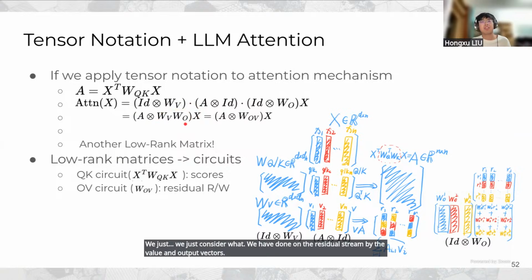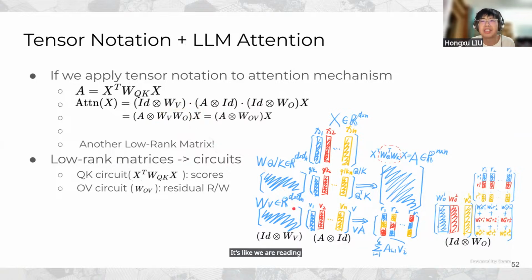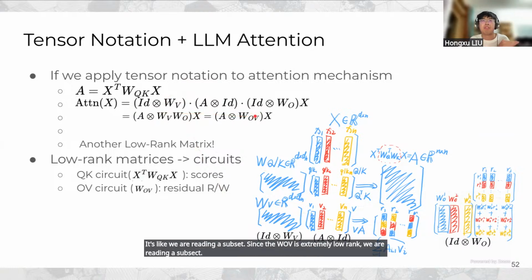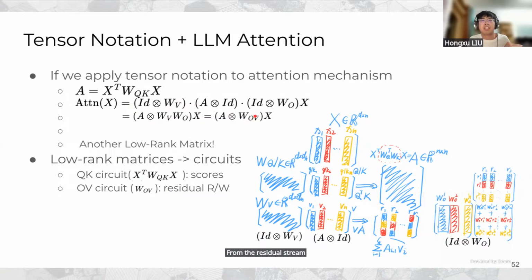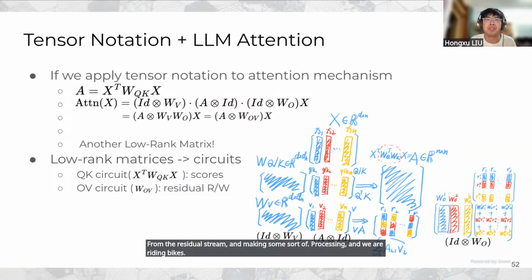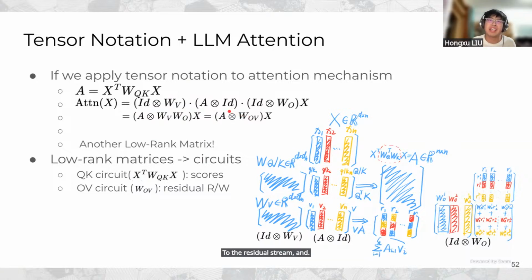Since the WOV is extremely low rank, we are reading a subset from the residual stream and making some sort of processing, and we are writing back to the residual stream. I think that is the intent of the OV circuit. Do you understand? Thank you. Okay.